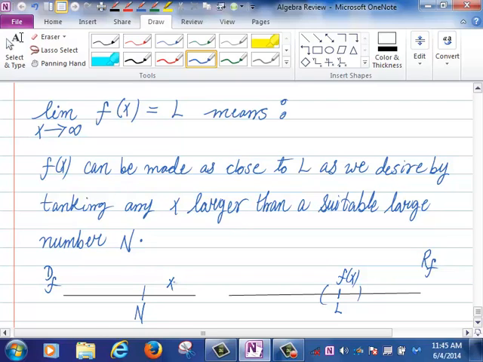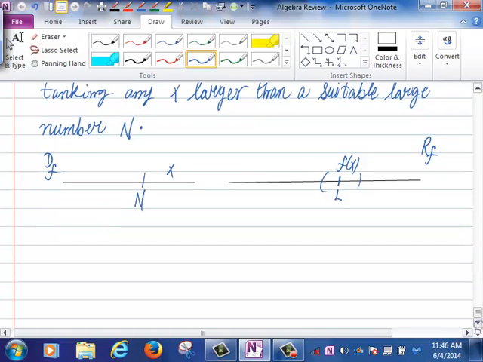Am I making sense? So I can make the value of f of x as close to L as I desire by picking any x larger than a suitable large number N. Okay? So if I say that loosely, what I'm going to say is that as x gets bigger and bigger in the positive direction, the value of the function is getting closer and closer to L. Okay? So I'm going to give you some examples and explain what's going on here.